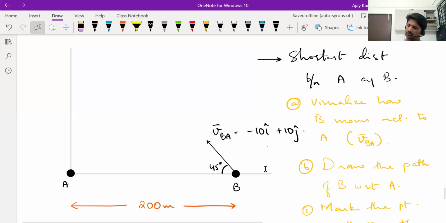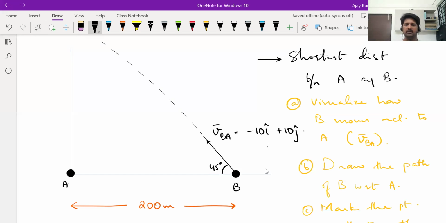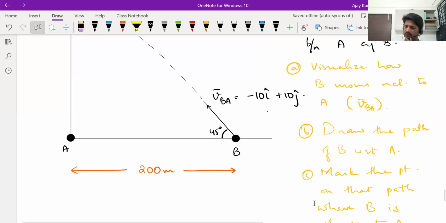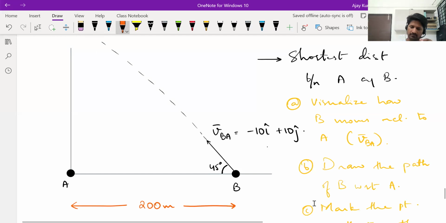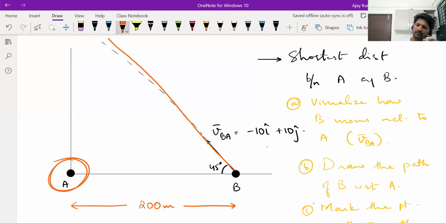Next, draw the path of B with respect to A. The path followed by B relative to A will be like this, continues at that 45 degrees. Mark the point on that path where B is closest to A. Now, general mathematics. A is one fixed point. B moves on this straight line.